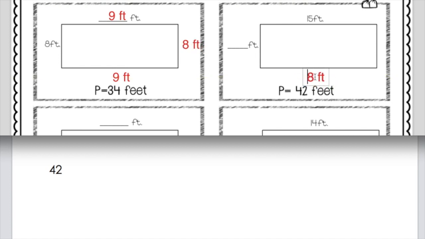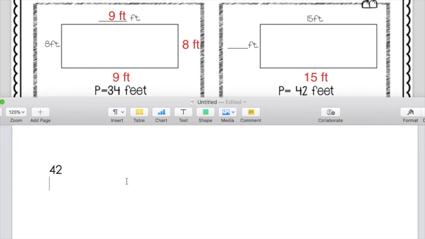So we know that this is 15 feet because this side is 15 and they are parallel in our rectangle. So instead of minusing this time, I can actually add up 15 plus 15, which gives me 30.